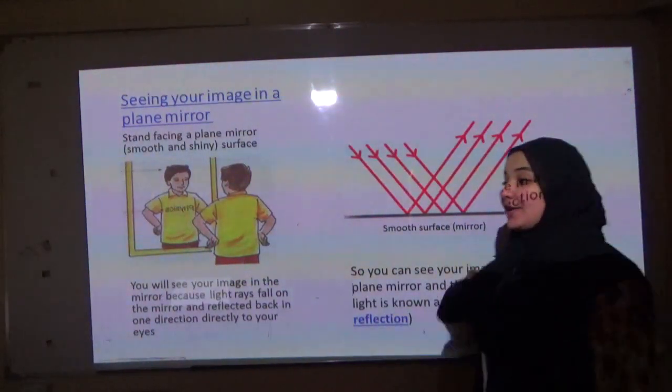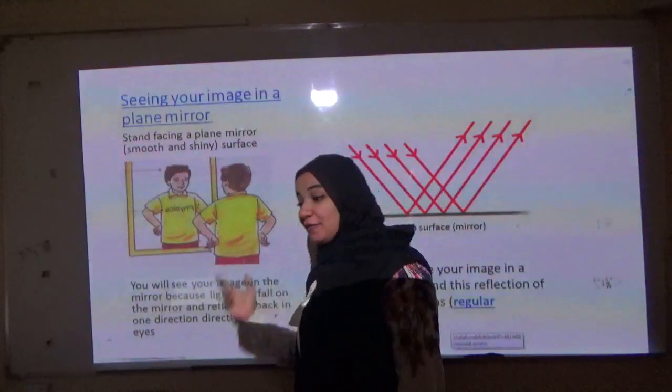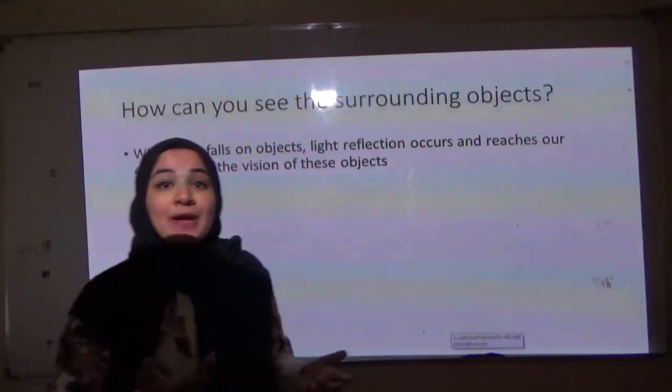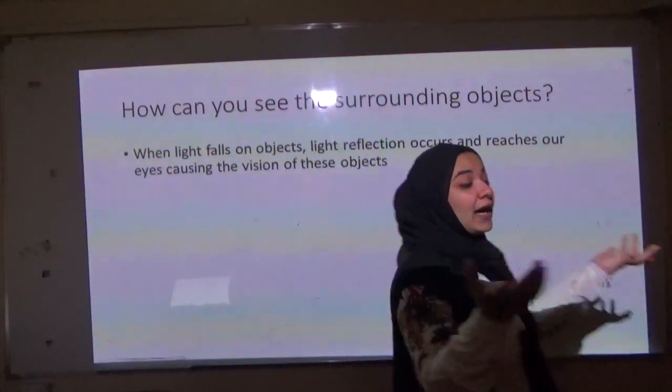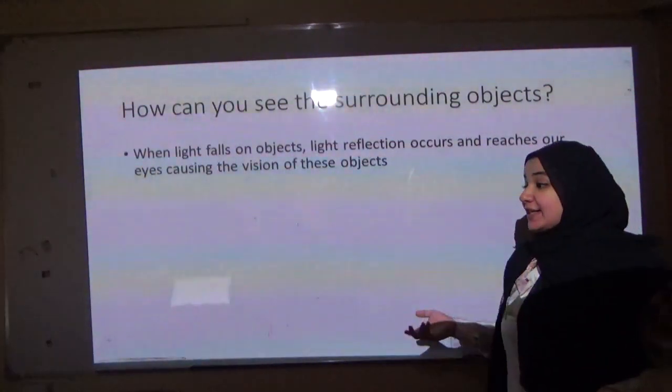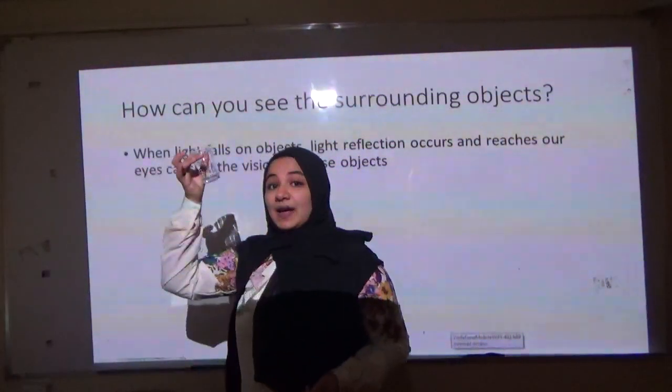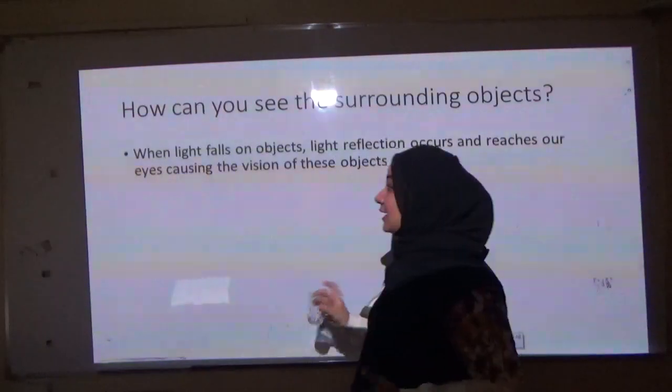Now, because I can see myself in a plain mirror, I can explain how we see the objects around us. How can I see this glass? How can I see anything around us?